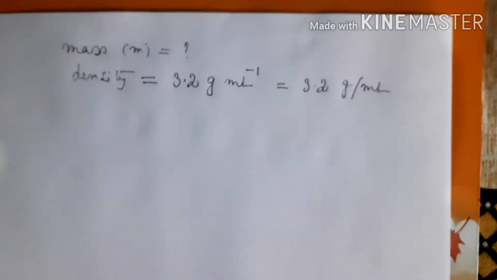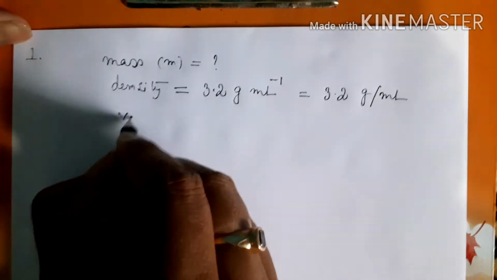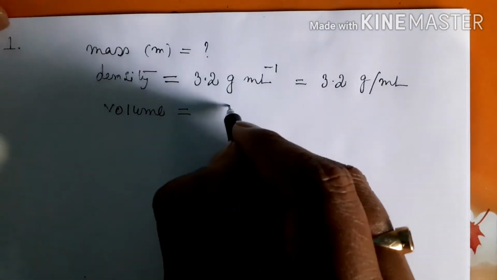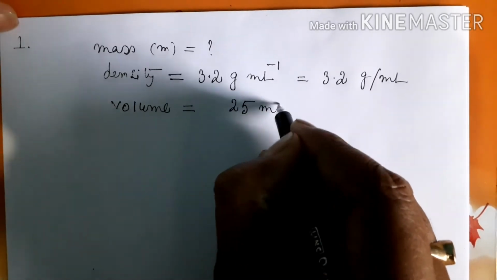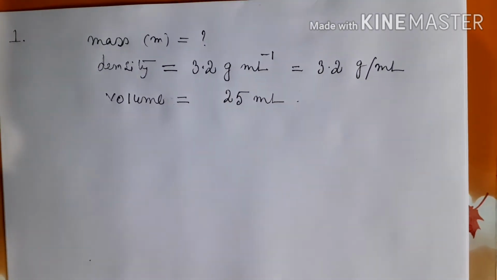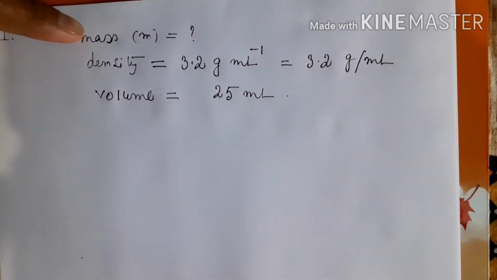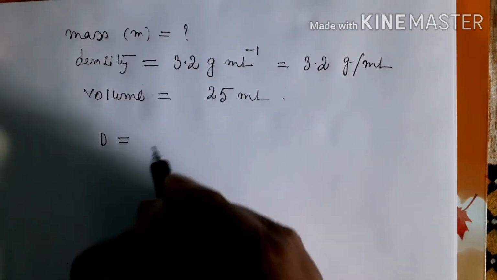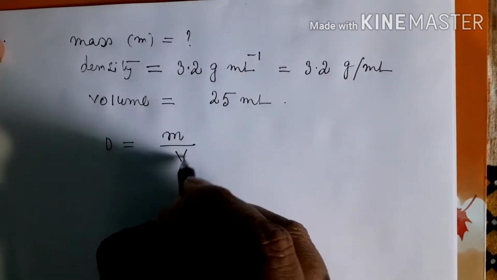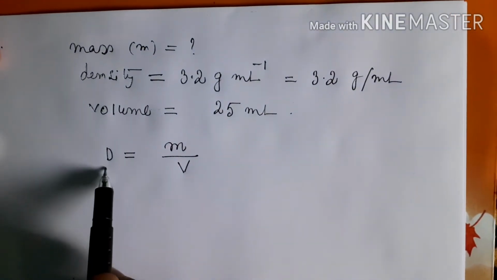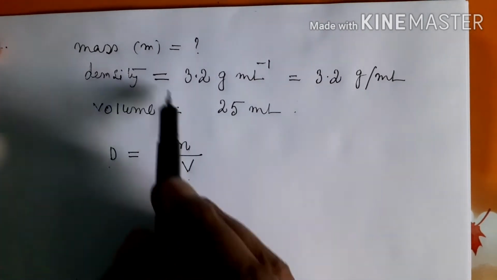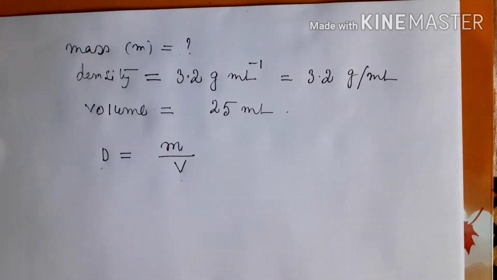And the volume of that liquid is also given, that is 25 milliliter. So what are we going to calculate? The mass of the body. We know that density D is equal to m divided by v. Density is D, mass is m, v is the volume.